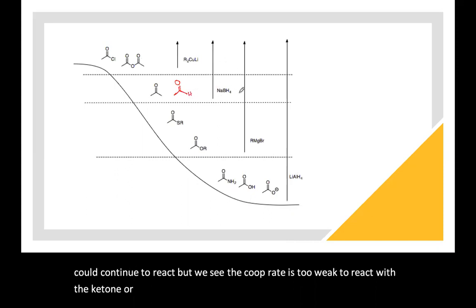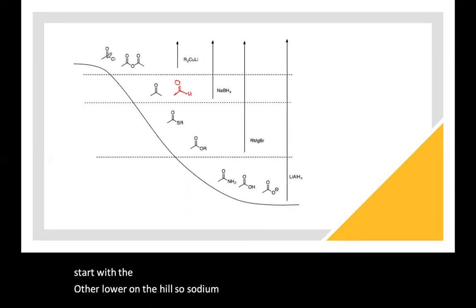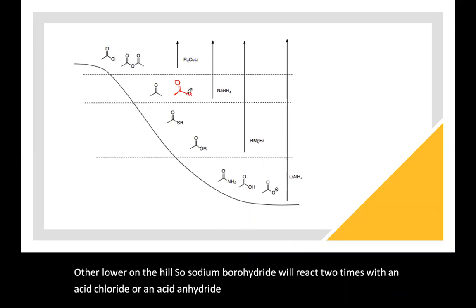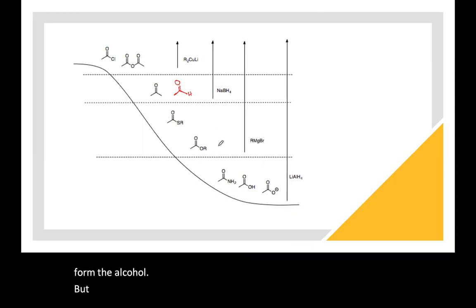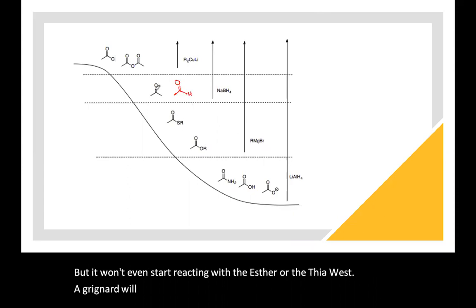But then this is also an indicator of whether it will start with the other derivatives lower on the hill. So sodium borohydride will react 2 times with an acid chloride or an acid anhydride, react to form the aldehyde, and then react to form the alcohol. But it won't even start reacting with the ester or the thioester. A Grignard will react with the ester, thioester, ketone, acid chloride.